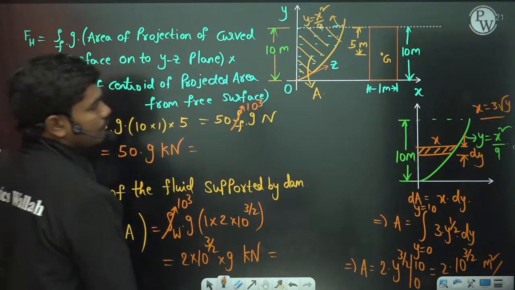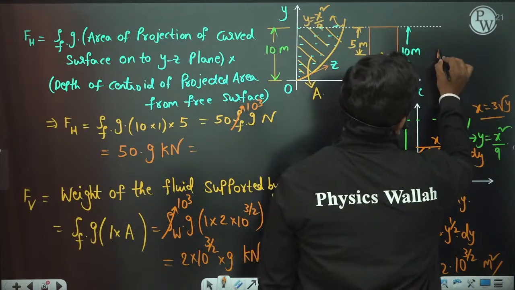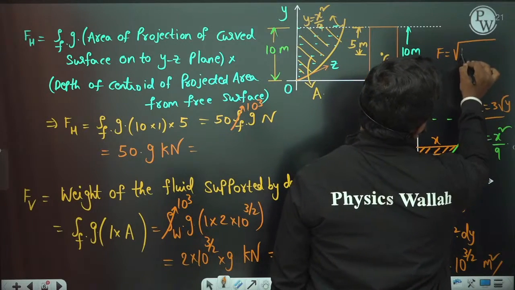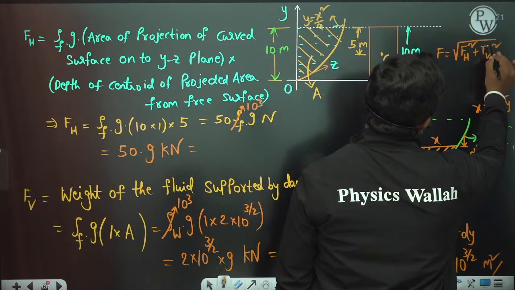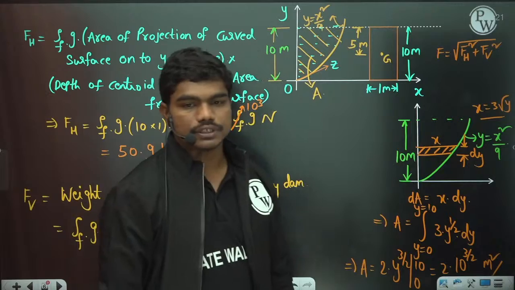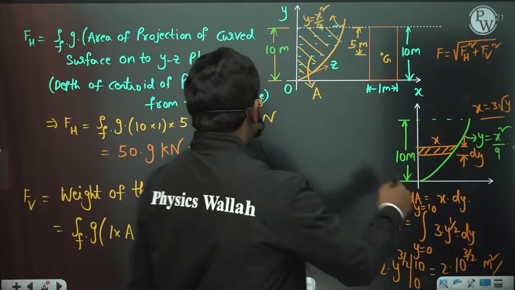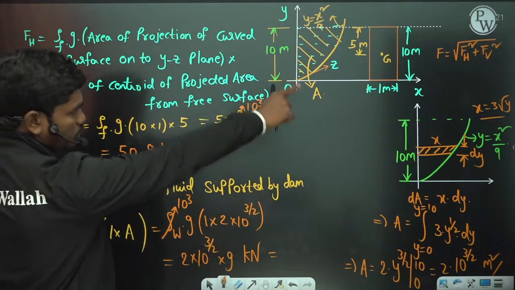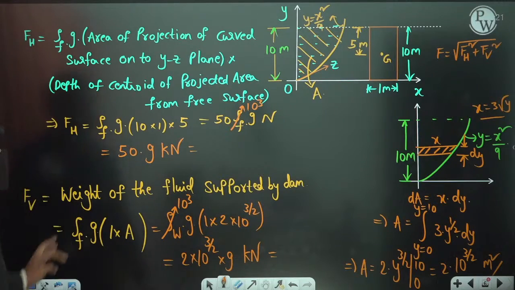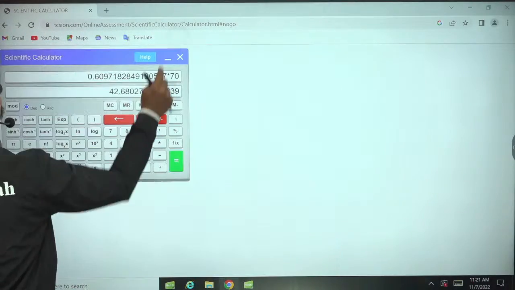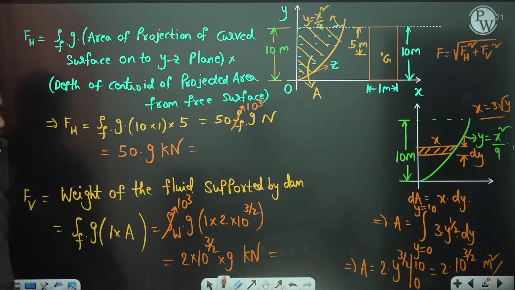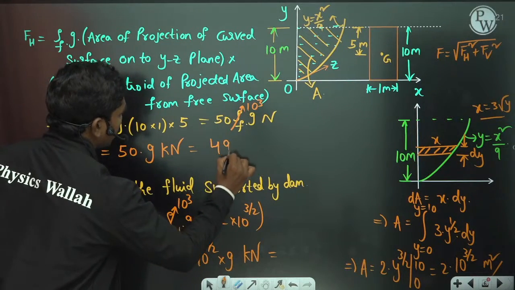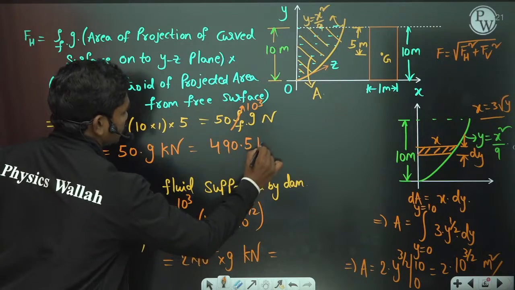So if you calculate fh and fv, then net force acting is equal to root of fh square plus fv square. Okay, so let us calculate. If you get these fh and fv values, you can use them in the equation. So fh is 50 times of g, so 50 times of 9.81, which simplifies to 490.5 kilonewtons.